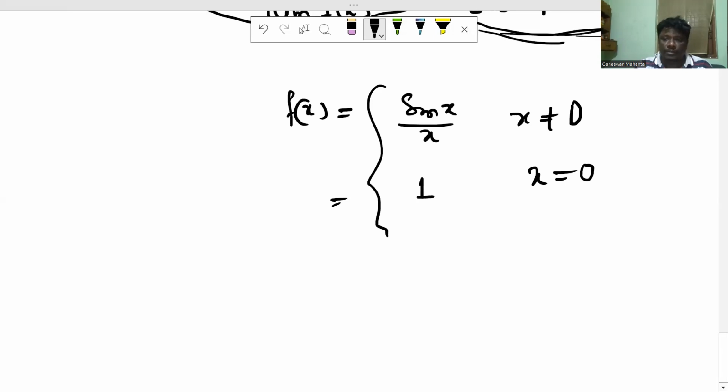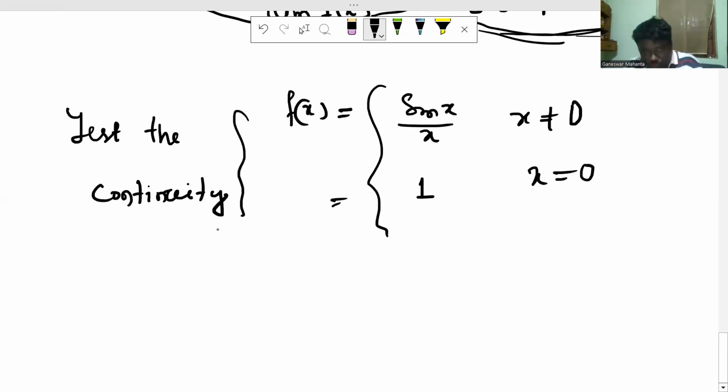For this case, we need to show the continuity condition. That means we need to evaluate the left hand limit as well as the right hand limit of the given function, as well as the value of the function. If the three are equal, then we can say it is a continuous function.